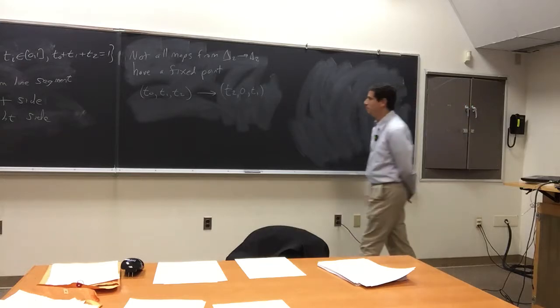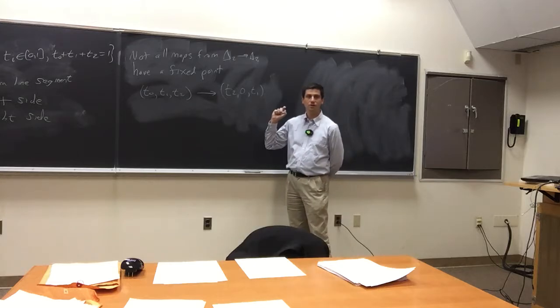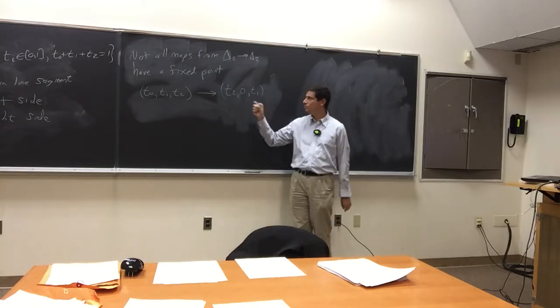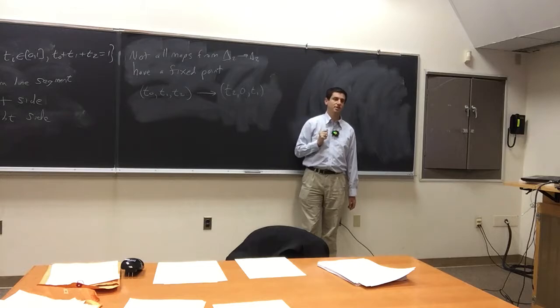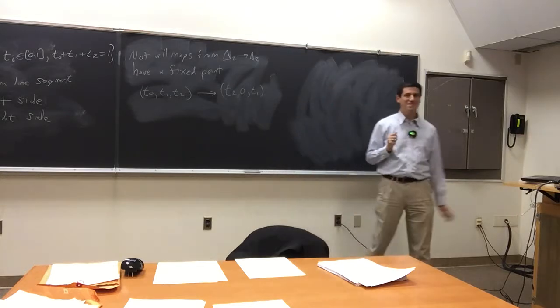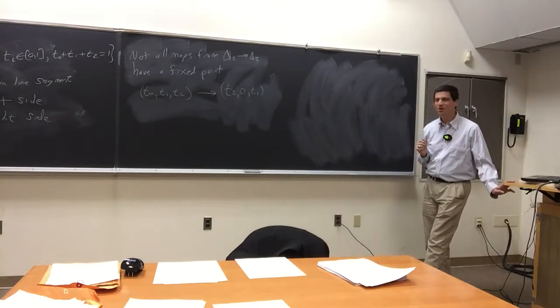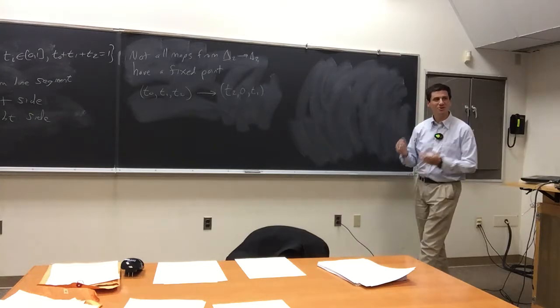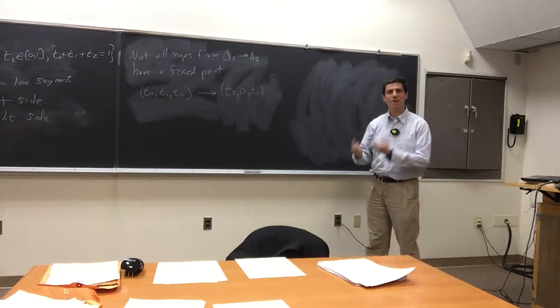No. Fair. One problem though: is this always in the set? Right? You've got to map from the set to the set. And so you're giving me lots of examples of functions that don't have a fixed point, but they're not mapping the set to the set.